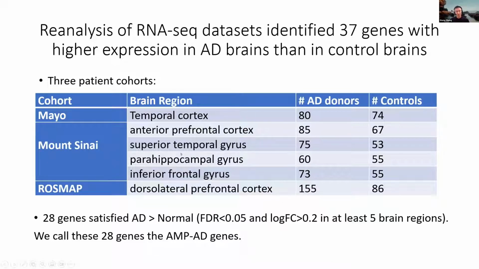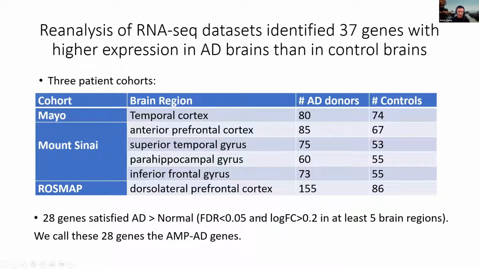And this was actually confirmed when we analyzed these 3 cohorts together. From the 3 cohorts, we wanted to identify a subset of genes that are consistently upregulated, or more highly expressed, in AD. So we had our own requirement.